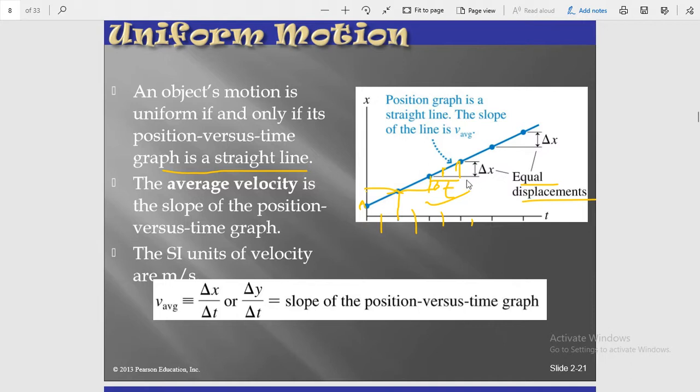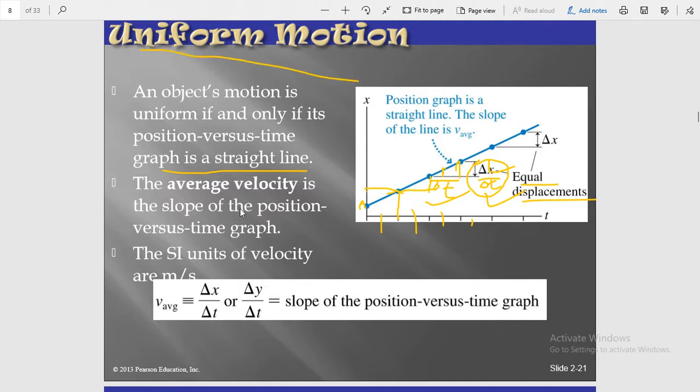It means tan theta is equal to delta x upon delta t, and this is the velocity. Because motion is in a particular direction, it has some fixed direction. This velocity is uniform because delta x is constant and delta t is also constant. If velocity is uniform or same, it means motion is uniform.